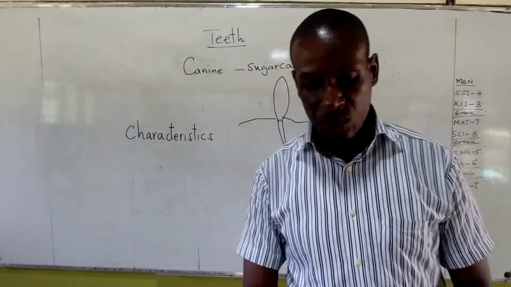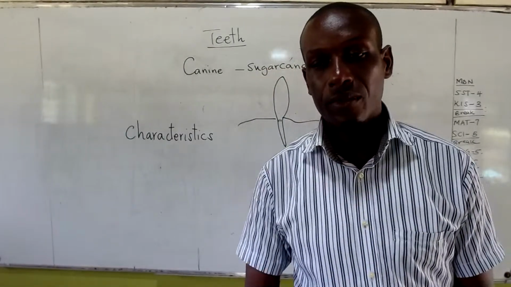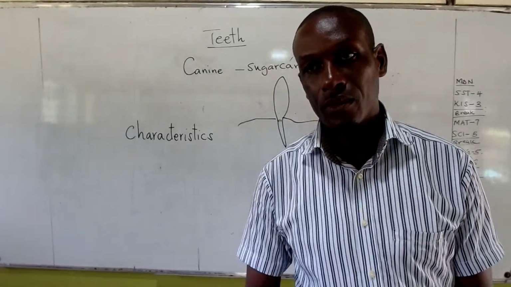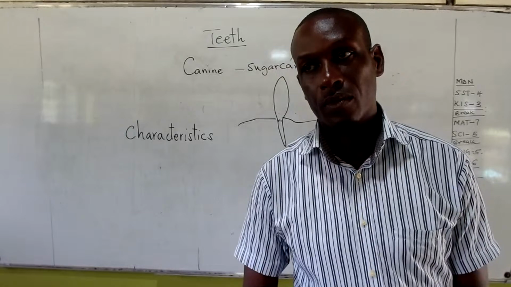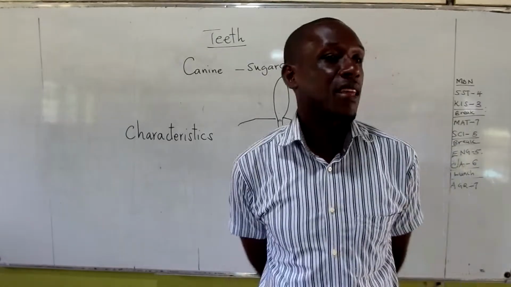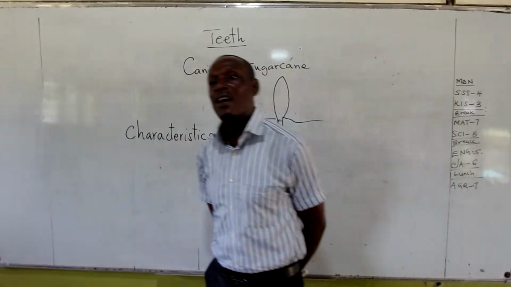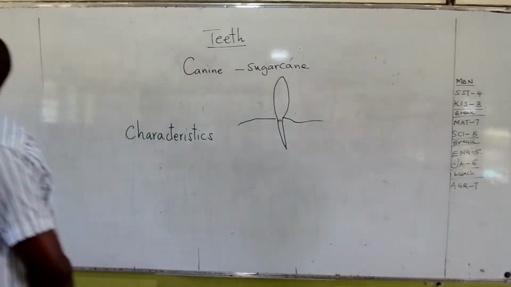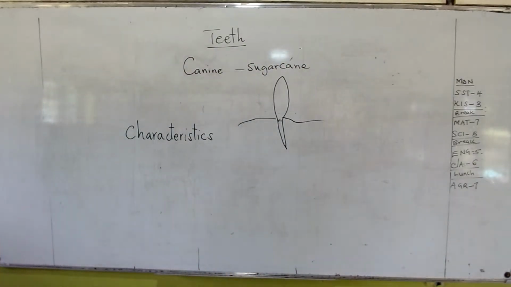Read for me the next question. Name any two examples of living things. Yes, living things are things that have life, right? And which two things on earth have life?